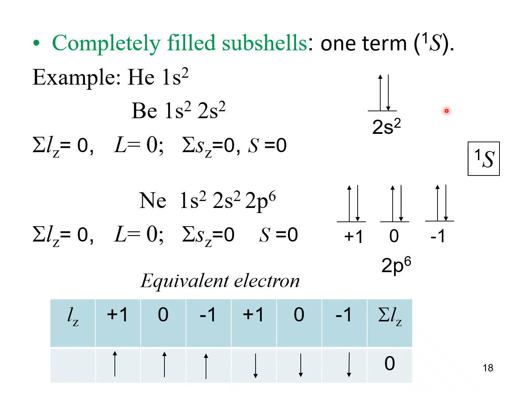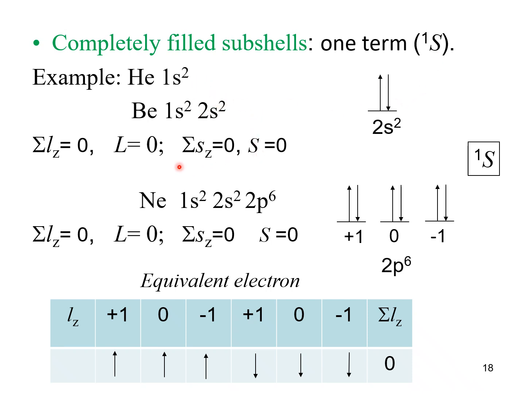So L also equals 0. While for Sz, one spin up is plus 1/2, one spin down is minus 1/2, so the total Sz is 0. Therefore, S is also 0. So the term symbol for this closed shell is singlet S.